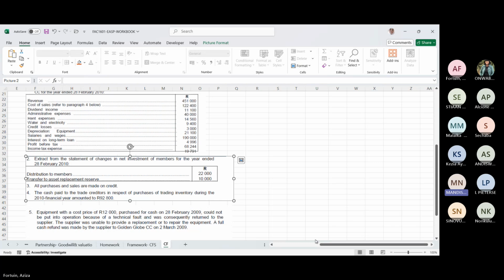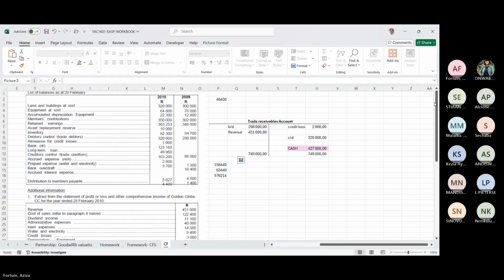Now miss, I'm getting 595 for 14. Okay, I've written your number down. We'll just wait for the others, Kezia and Stian Engelbrecht. Let me check again. Yeah, I think you must recheck.